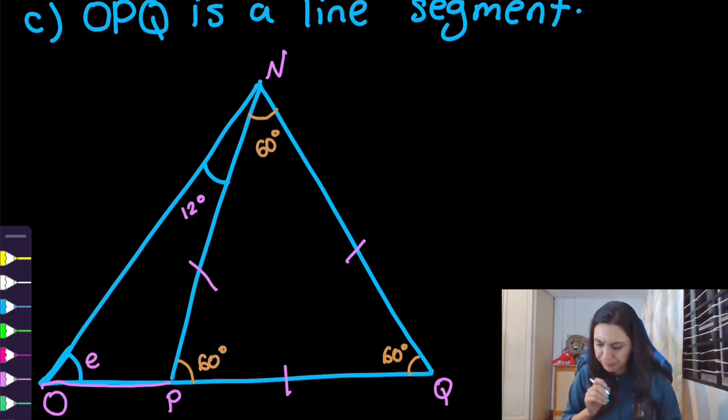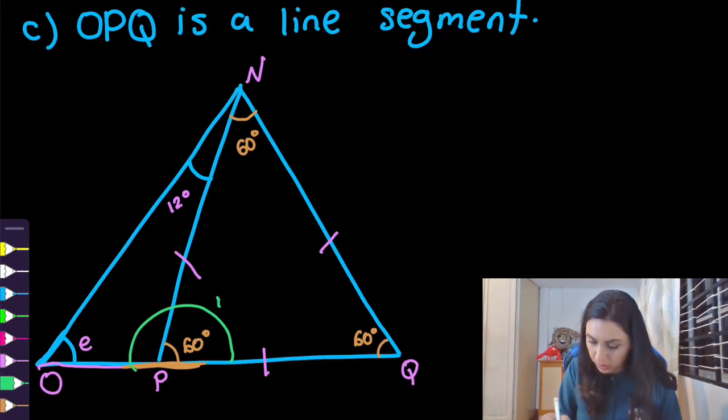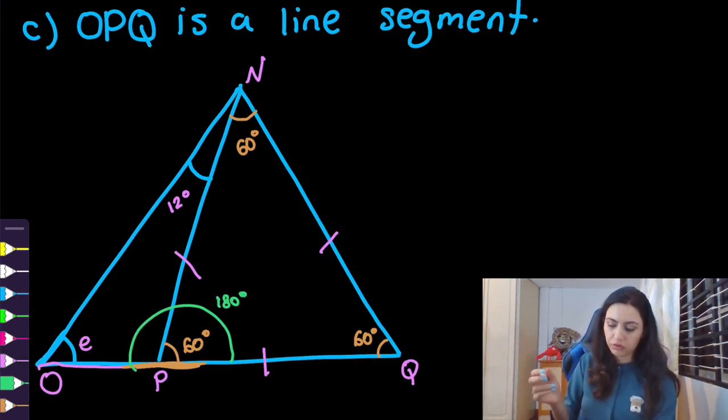Okay, and if these are 60, 60, and then here you see this line, and I know from here to here is 180 degrees because it's a line segment, right?